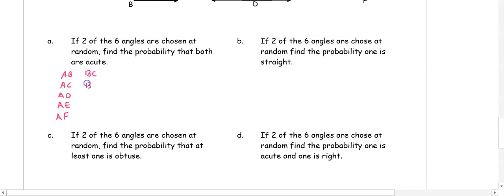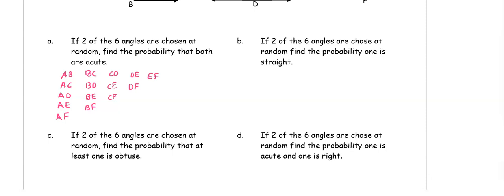I have BC, BD, BE, and BF. CD, CE, CF, DE, DF, and EF. So these are going to be the possibilities that work for all of our questions for A, B, C, and D. So I'm going to pause this video to write those for the other 3 questions.